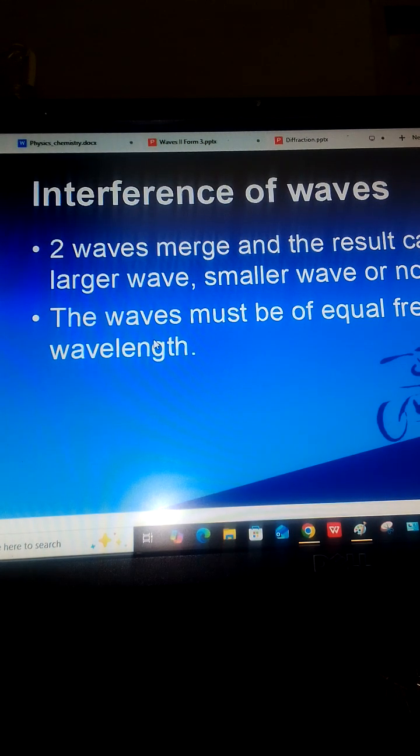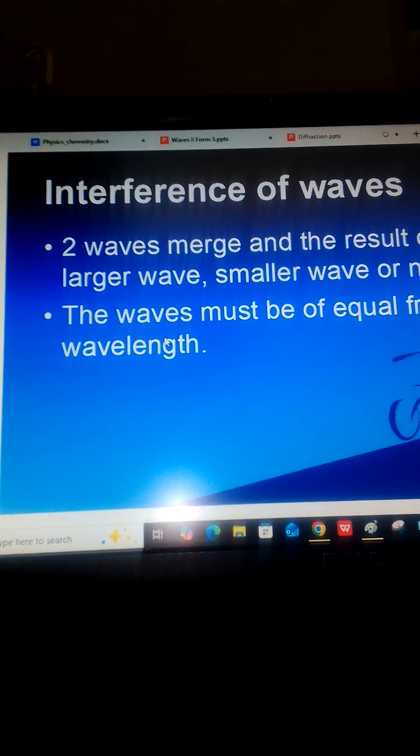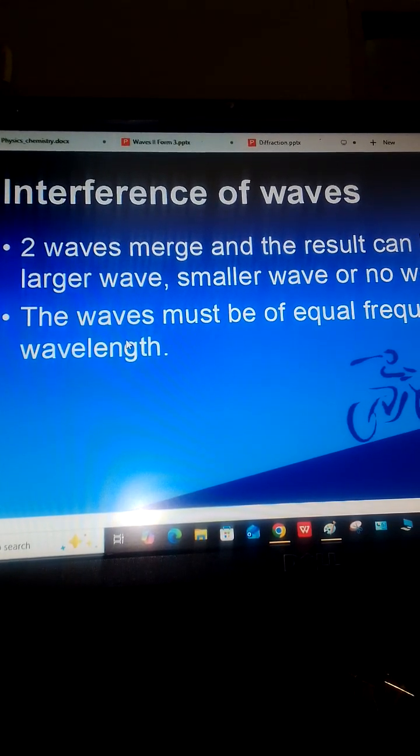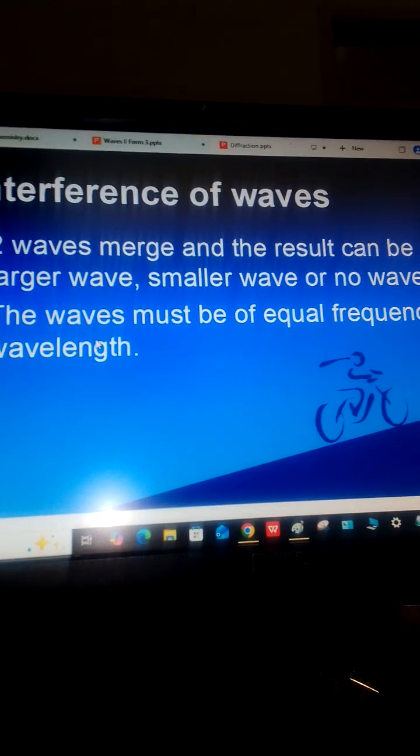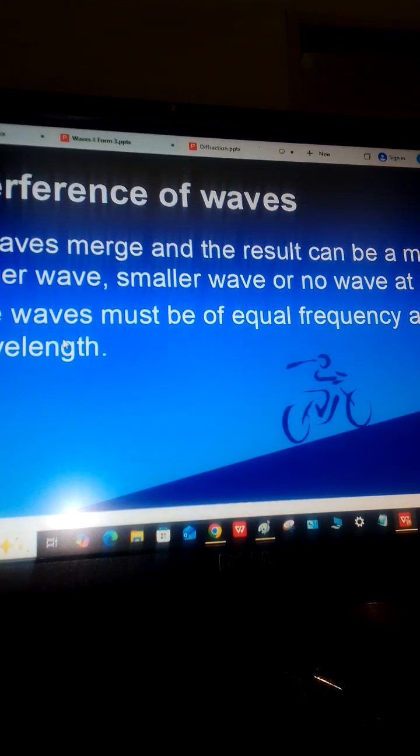Now next, let's look at the interference of waves. Okay, interference of waves. Two waves merge and the result can be a much larger wave, smaller wave, or no wave at all. Okay, so here we are merging two waves.